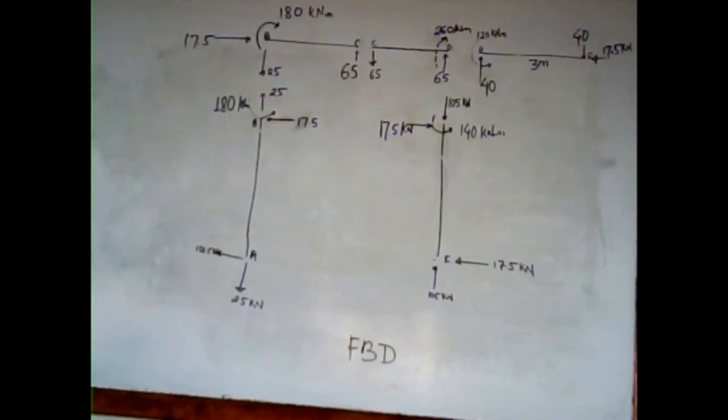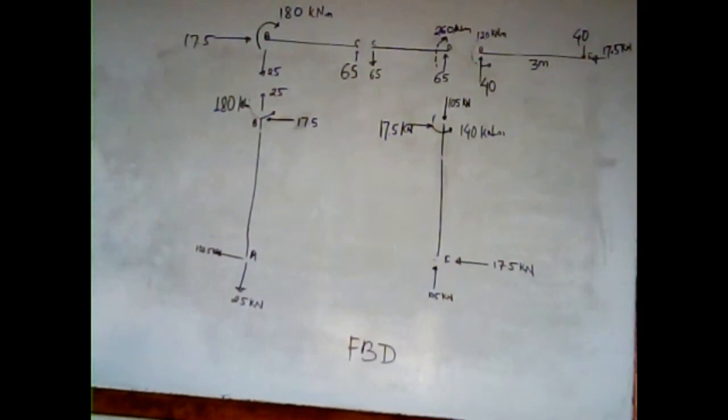To balance this 180 kilonewton meter in clockwise direction, we need to apply a 180 kilonewton meter moment in anti-clockwise sense. So we put 180 kilonewton meter in anti-clockwise sense there.